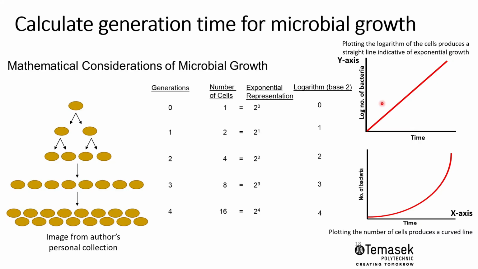Predicting the number of cells that will arise during the growth phase is quite simple, right? With your number of cells, you will be able to determine how many generations have happened, and we have a formula to derive this. So let's take a look into that.